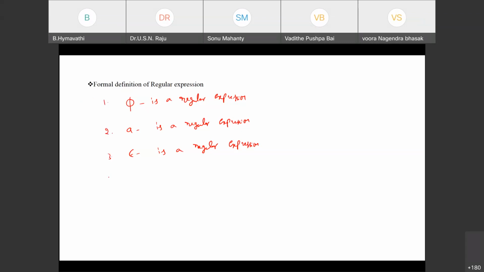We have total 4 rules, and anything which can be made by using any of these in any order is known as a regular expression. Epsilon is a regular expression. A star is a regular expression. A or B is a regular expression. AB is a regular expression.